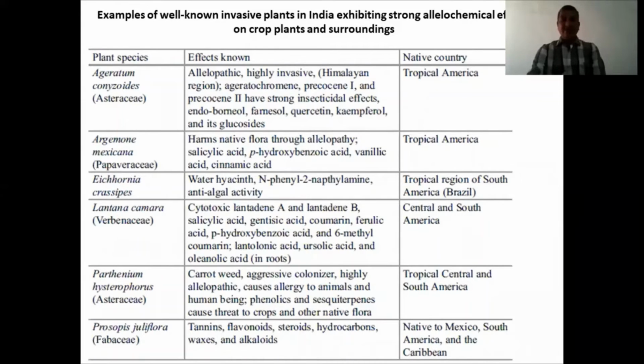I am showing you in the table six examples which are very well known in India: Ageratum, Argemone, Eichhornia, Lantana, Parthenium, and Prosopis. These are the well-known allelopathic plants which will affect the growth of our crop plants.